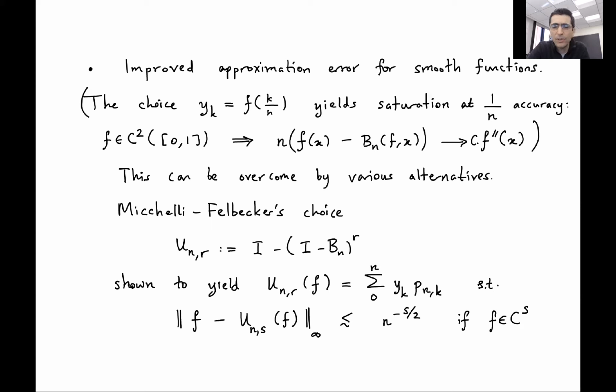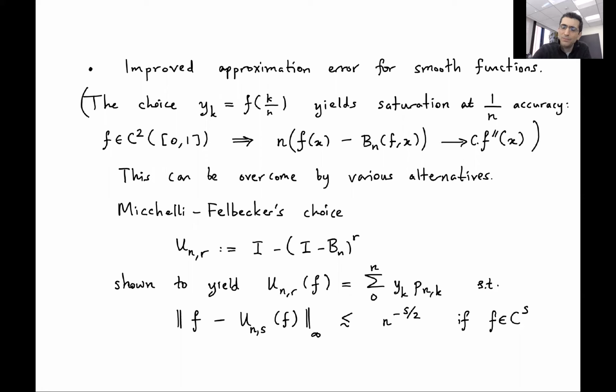Now, you may at this point already wonder, hold on now, if you have s times differentiable, should you not expect accuracy of n to the minus s? Well, it is true. It is actually not. There's this whole theory of approximation by positive operators, which all suffer from saturation.